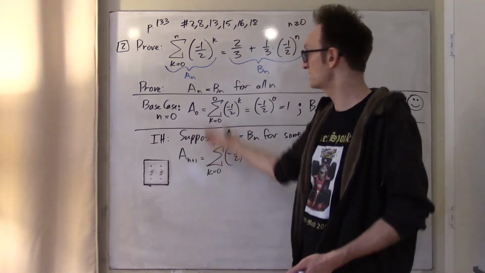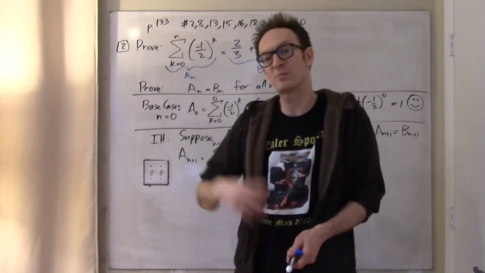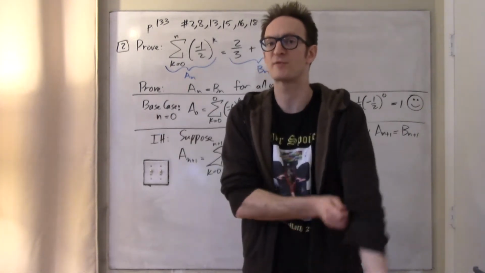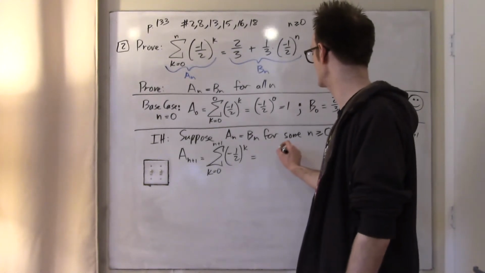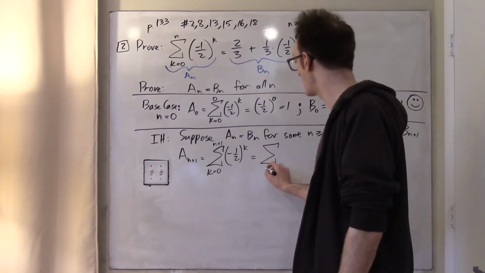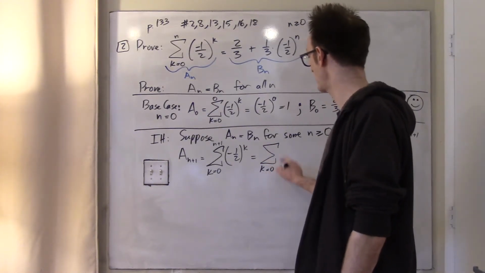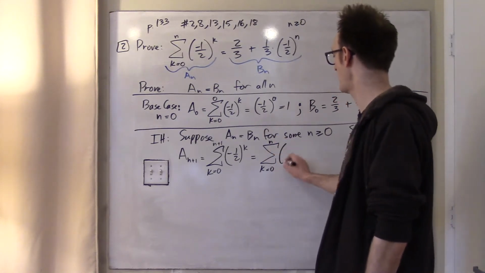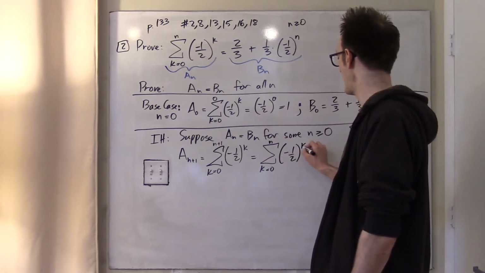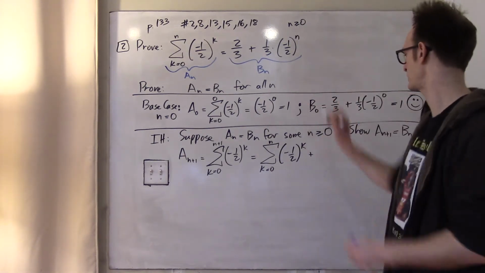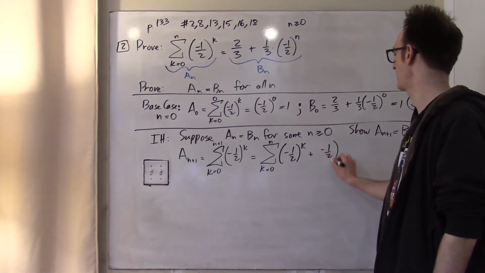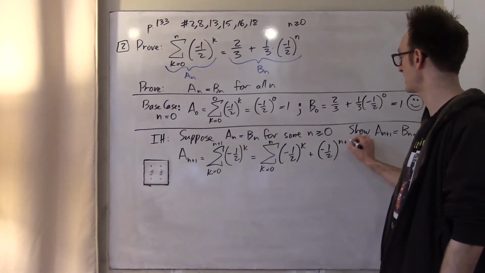Well, it's a summation, so the sum of the first n+1 terms is just the sum of the first n terms plus another one. Therefore, this really is the sum from k equals 0 to n of (-1/2)^k, in other words the first n terms, and the n+1st term is just what you get when you raise -1/2 to the n+1 power.